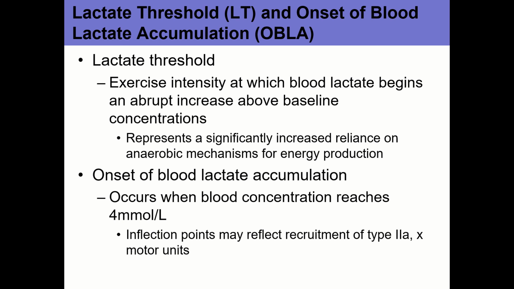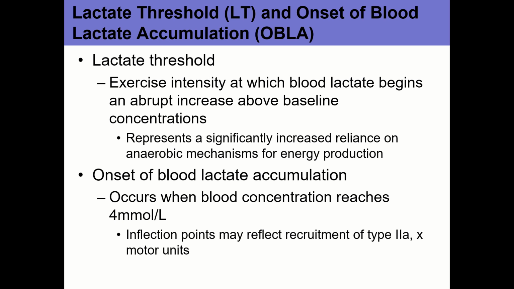A related term, so lactate threshold is abbreviated LT, and a related term is the onset of blood lactate accumulation, or OBLA. And so that occurs when blood concentration of lactate reaches 4 millimoles per liter. And that inflection point, you're going to see it on the next slide, I'm going to show you a graphic of this.